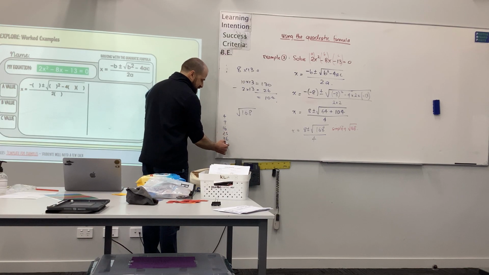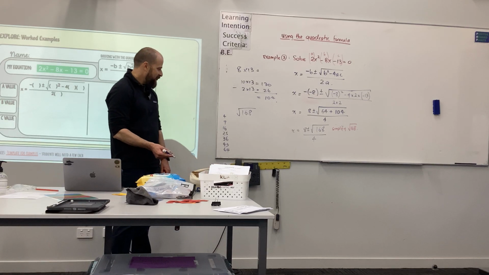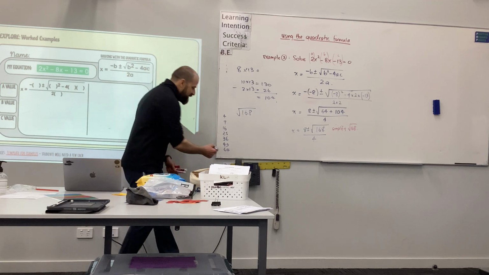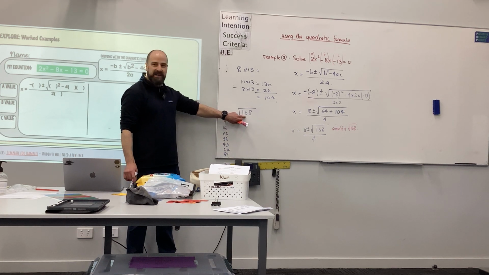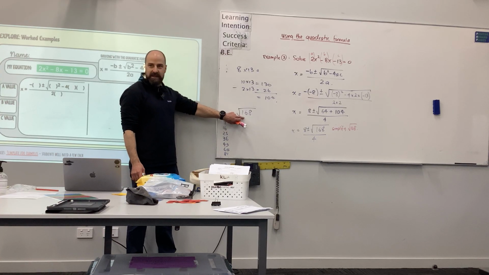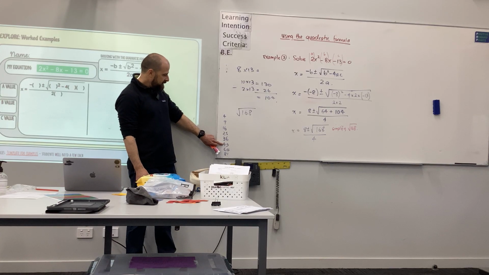No? 36, 48, 49? 64? All right. Then we have 81, which is 9 squared. 81's not going to go in there, is it, perfectly? So let's work down. 64? No, because we need 180 for 60s. 49, it's not going to work.